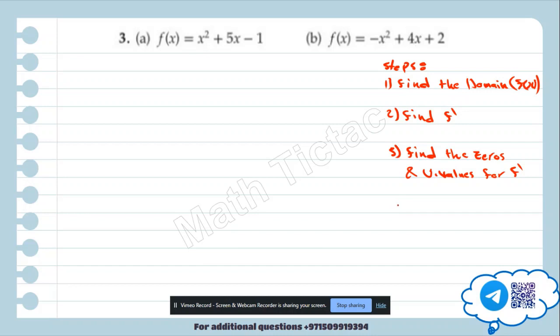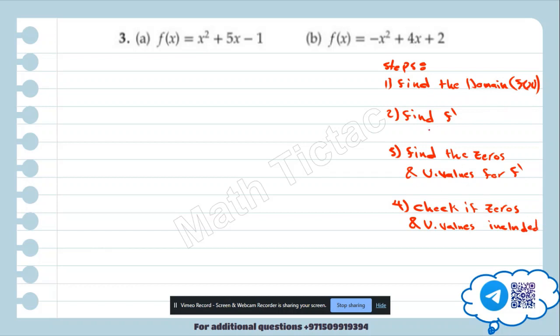Then the last and the most important step, which is check if the zeros and the undefined values are included in the domain.